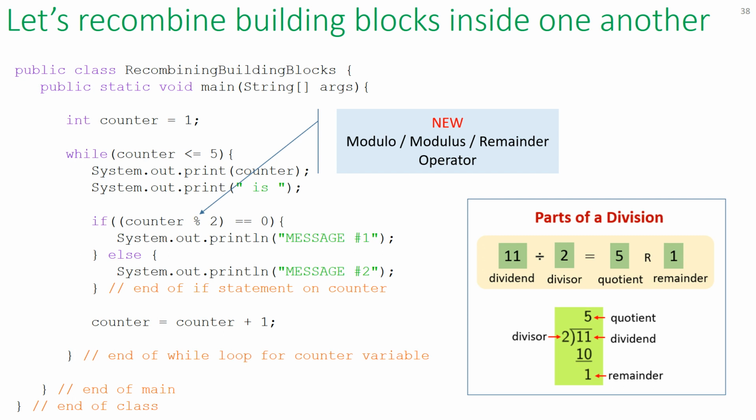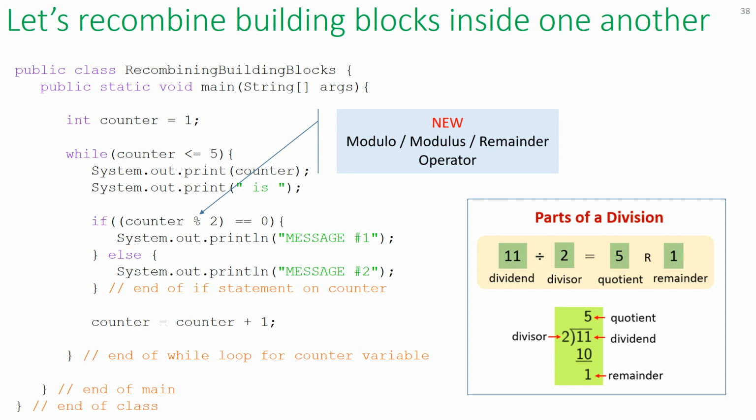For example, if I did 5.0 divided by 2.0, I would get 2.5. A floating point number divided by a floating point number yields a floating point result. If I do 5 divided by 2, integer divided by an integer, I'm going to get an int.